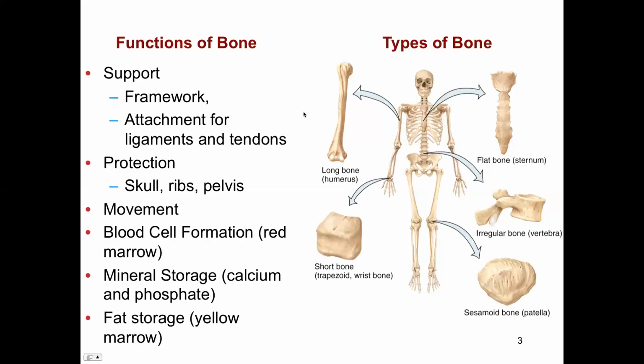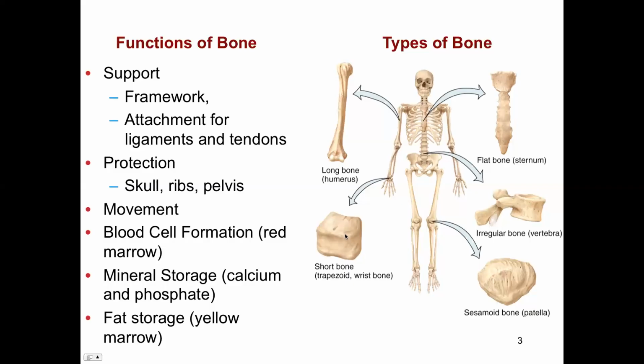Then of course, long bones I think are pretty obvious, right? So then there's flat bones, and they're really good for red marrow, particularly the bones in the pelvis are really good for red marrow as well. But flat bones, like your sternum. Irregular bones have weird shapes.